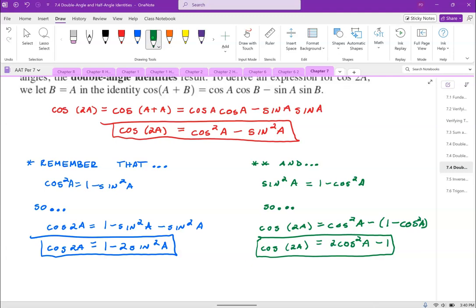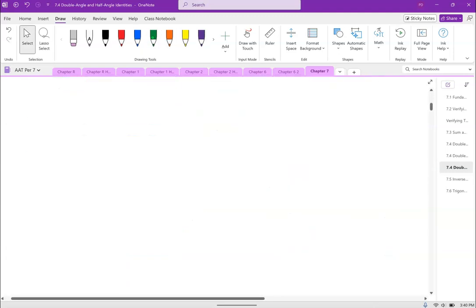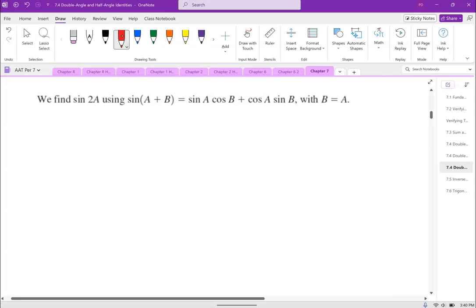Now, the good news is that's not the case for sine and tangent. We'll quickly derive sine and tangent, and there's only one version, so it shouldn't be that bad. We find the double angle identity for sine basically by doing the same thing.